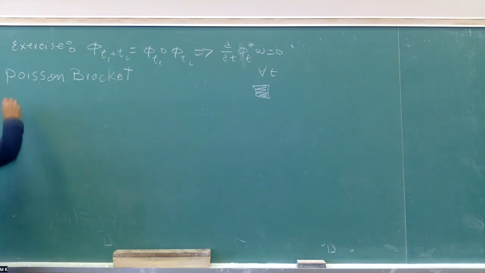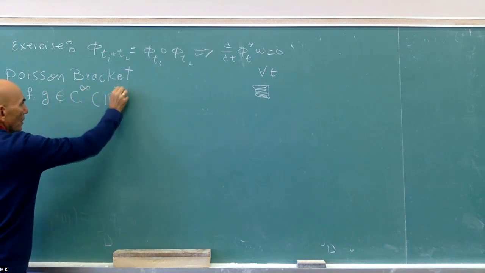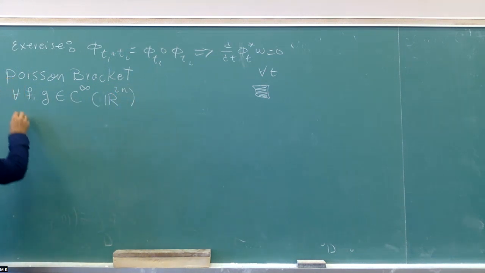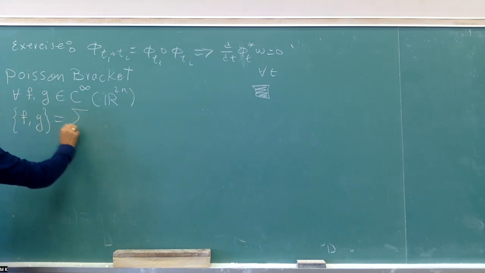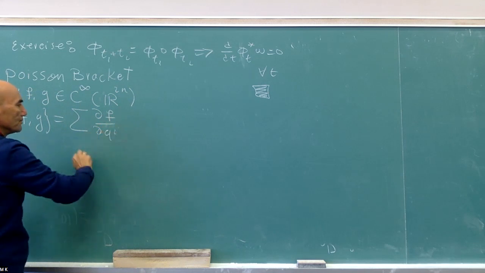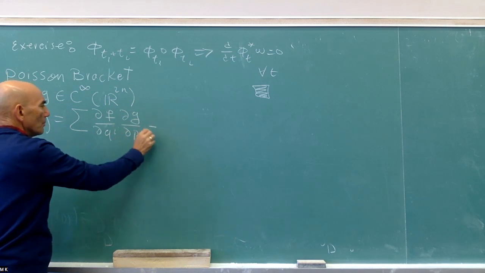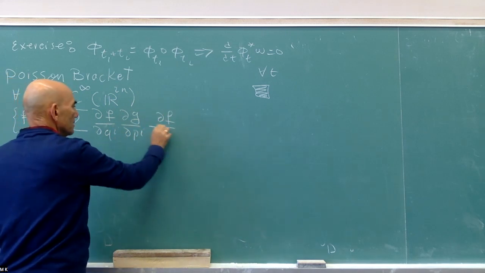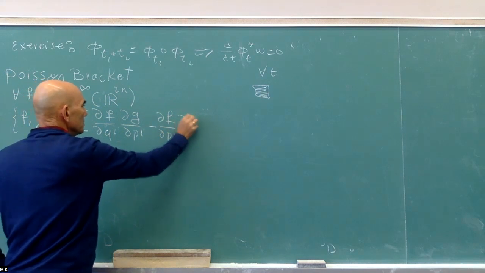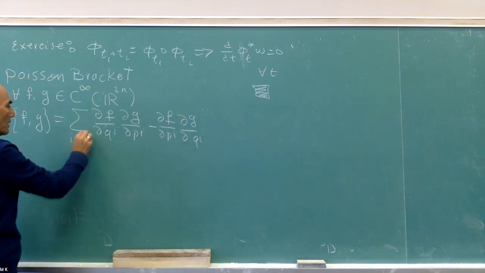For any f and g belonging to C infinity of R^2n, we define a Poisson bracket {f, g} by the formula: sum from 1 to n of df/dq_i dg/dp_i minus df/dp_i dg/dq_i.